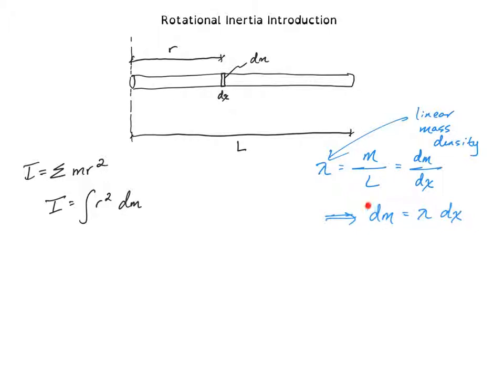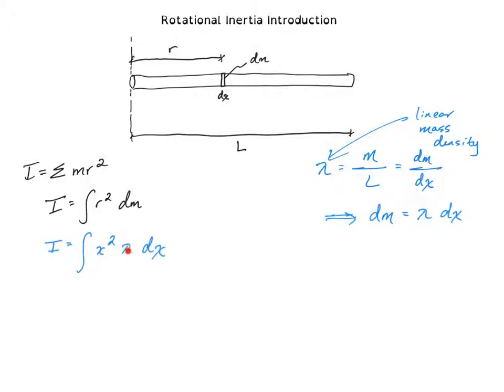We can take this expression, dm is equal to lambda dx, and plug that into our integration formula for moment of inertia. I'm going to do a little bit of replacing variables here. The moment of inertia of this thin rod is going to be the integral of x squared lambda dx.